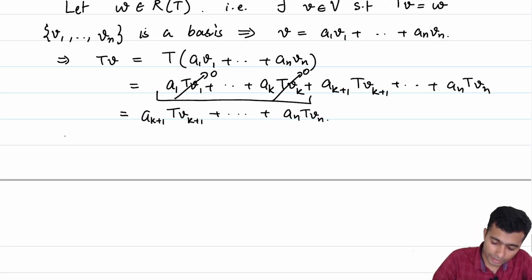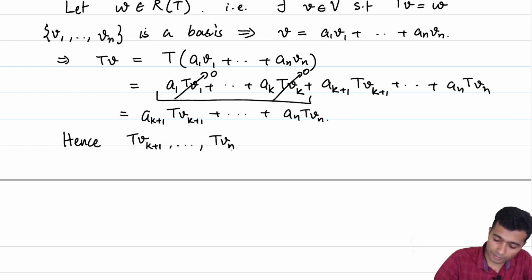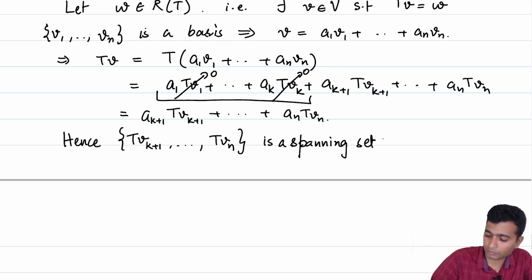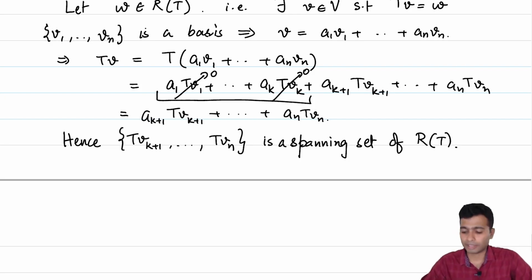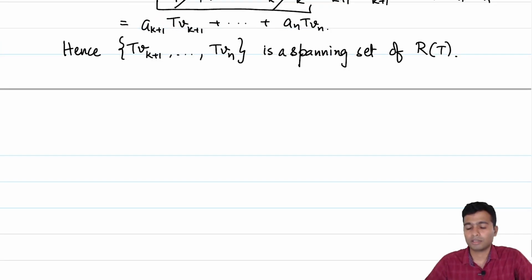That's establishing the fact that T Vk plus 1 up to T Vn, this set is a spanning set of R of T.